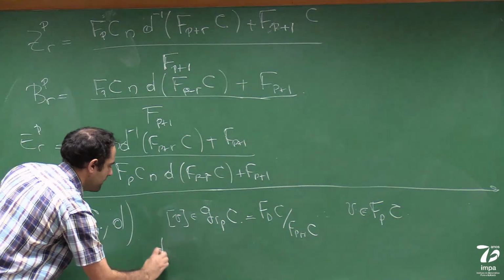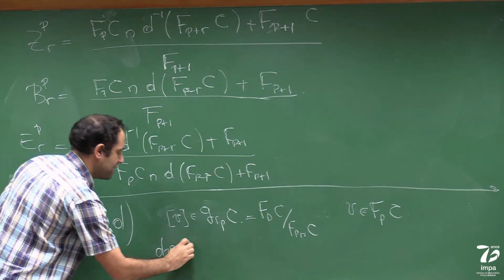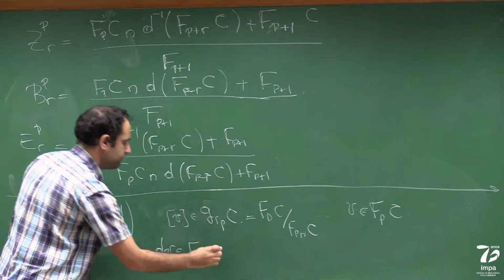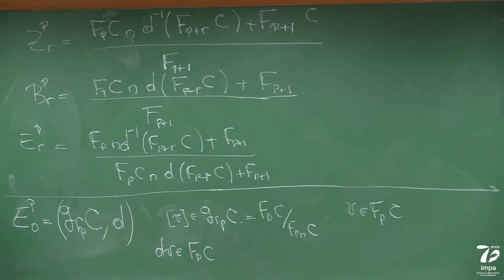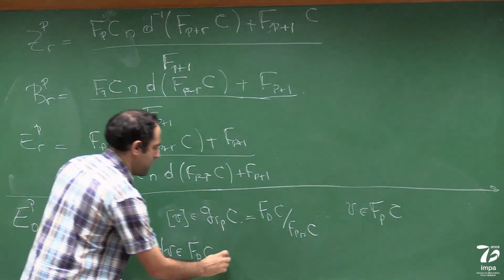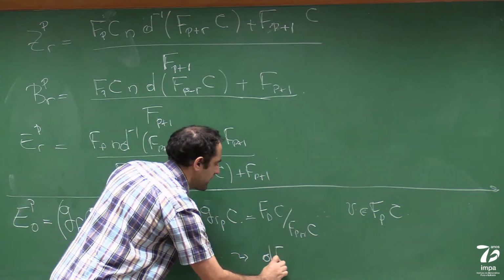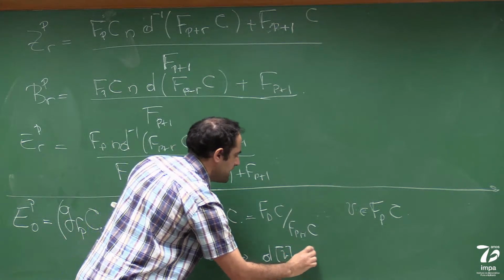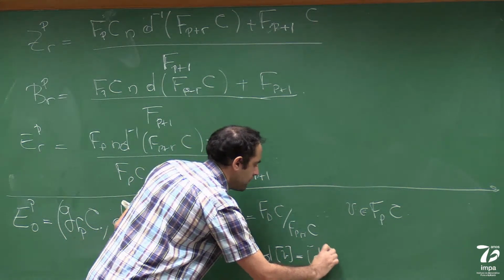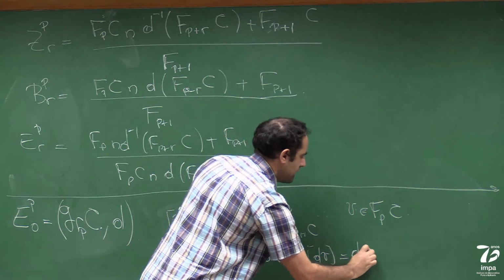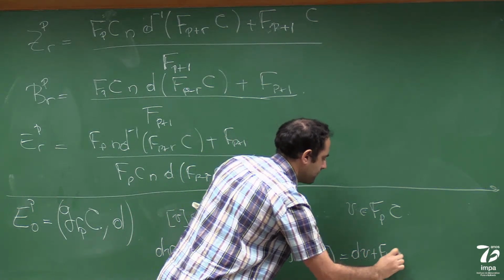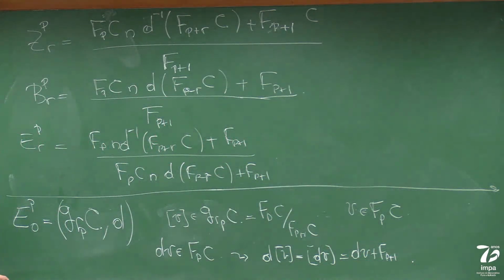d of v is an element in F^p C, because the differential preserves this filtration, and then I define d of the class of v to be the class of dv, which is dv plus F^{p+1}. So that's this differential here, and the homology is just the homology with respect to that differential.